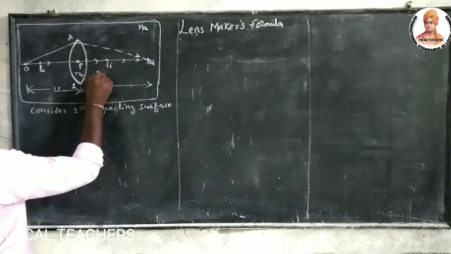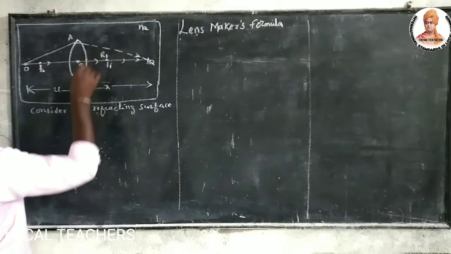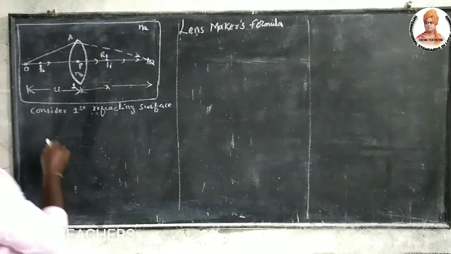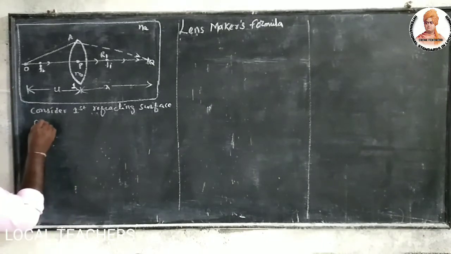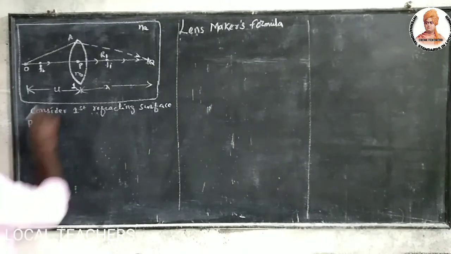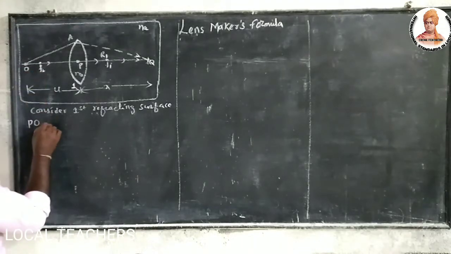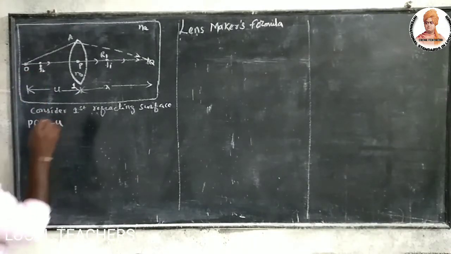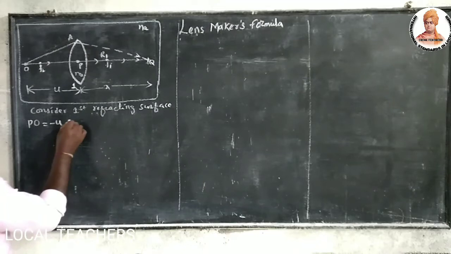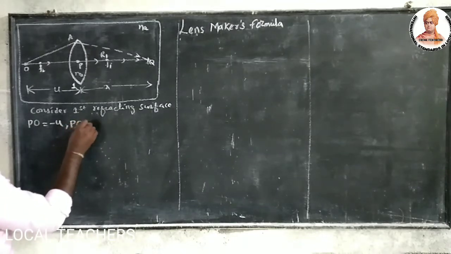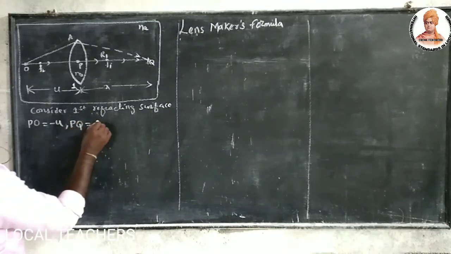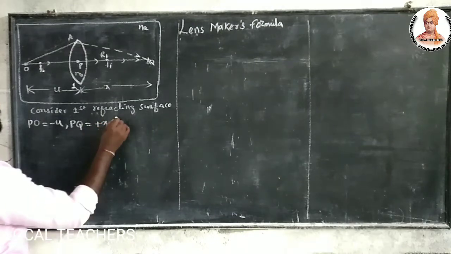Its radius of curvature is r1. Here PO, by applying sign convention, will become minus u. Next PQ will become plus x.